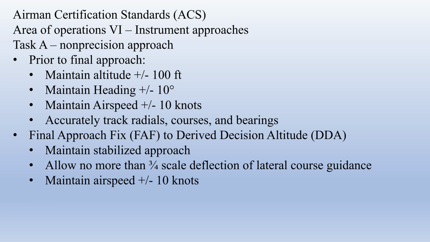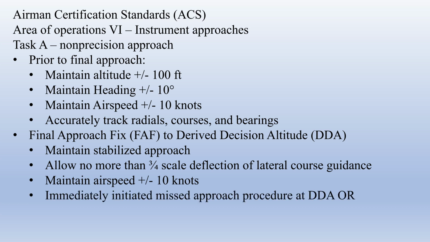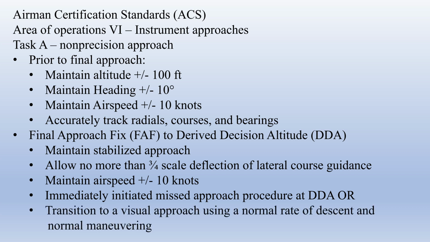Maintain your approach airspeed plus or minus 10 knots, and then immediately initiate the missed approach when you arrive at derived decision altitude if you don't have anything in sight, or transition to a visual approach using a normal rate of descent and normal maneuvers if you do have the airfield in sight.